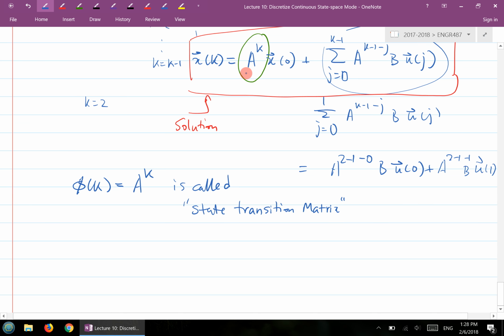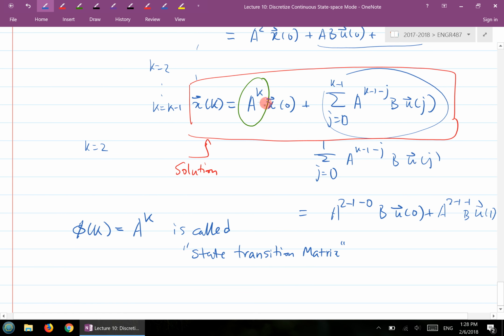So later we're going to generalize to more, because I use a very simple scalar. Now what if the A is not a scalar, but a matrix, so let's say a 2 by 2 or 3 by 3 matrix, whatever? I want the same thing. Start with a set of vectors that's not 0, but I want my states all to go back to 0. So essentially you want this A to the power of k, as k goes to infinity, to gradually become 0.